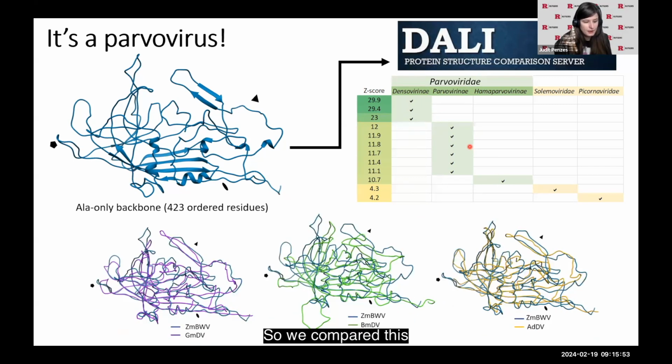So we compared this backbone structure with the backbone of the capsid protein of the currently existing densovirus structures, and the similarity was really quite obvious because these structures have a very similar fold to each other.